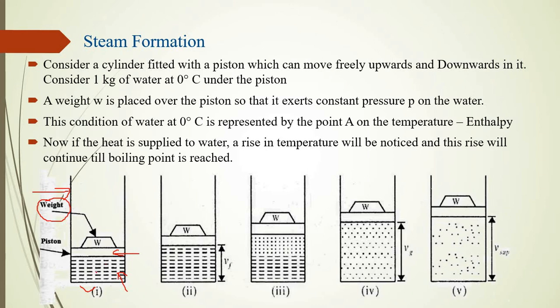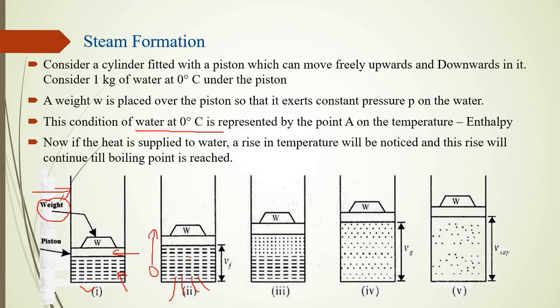First we consider the water temperature to be nearly atmospheric, but for this topic in our syllabus we consider water at 0 centigrade. Let the temperature of the water be 0 centigrade. Then we give external heat from the bottom of the cylinder, and the temperature increases from 0 centigrade.